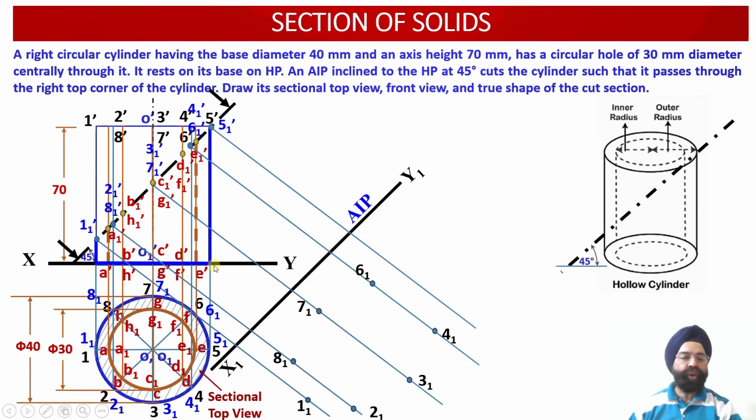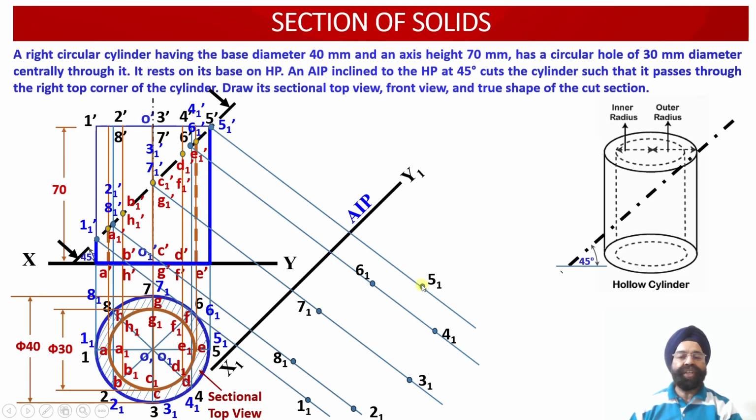And the last point corresponding to the outer circle is point 51. Corresponding to point 51, again we have measured the distance of point 51 from the xy reference line, and onto the projector line emerging from point 51 dash, we have marked the same distance.